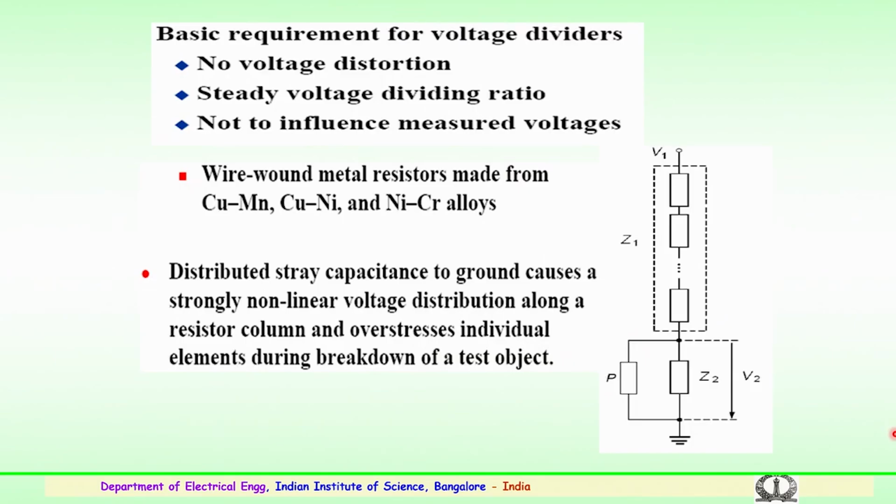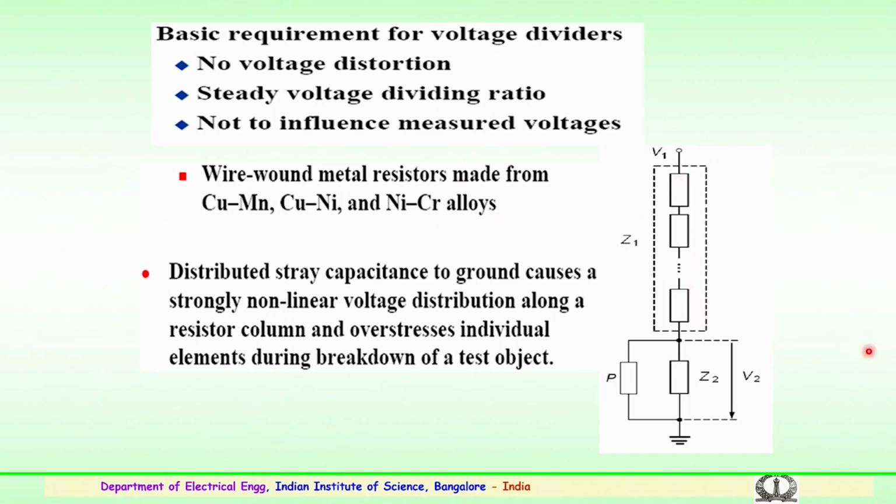So, the basic requirements for voltage dividers which are used for measurement: importantly, no voltage distortion should happen, there should be a steady voltage dividing ratio, and this should not influence the measured voltages. For that, wire wound or metal resistors made from copper manganese or copper nickel or nickel chromium alloys are generally used.